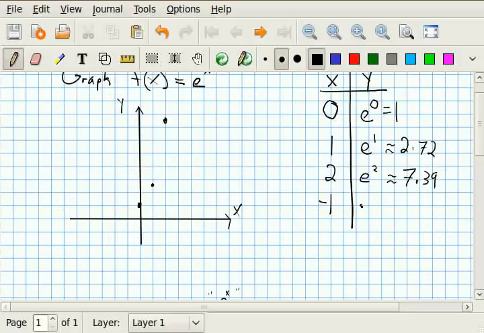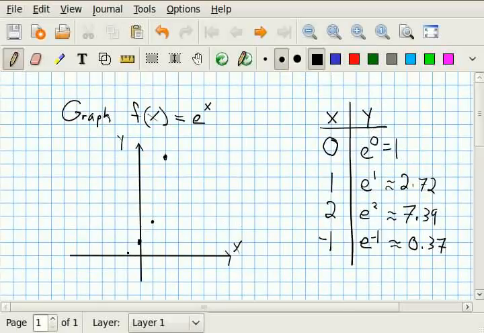If I put -1 in for x, y is going to be e to the power -1, which is about 0.37. So when x is -1, y is about 0.37. So right about here we got a point on the graph.